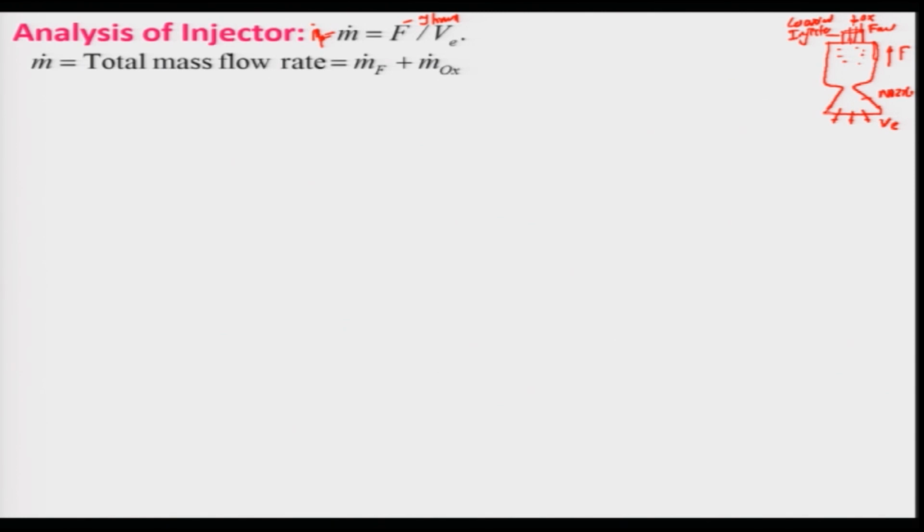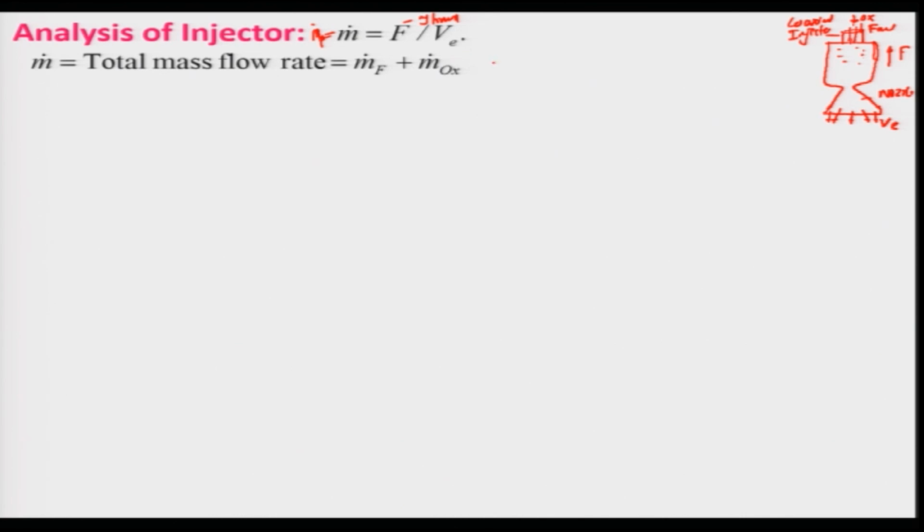Of course, we are assuming this as such, and m dot is the total mass flow rate of the propellant, which consists of the mass flow rate of the fuel and the mass flow rate of the oxidizer.